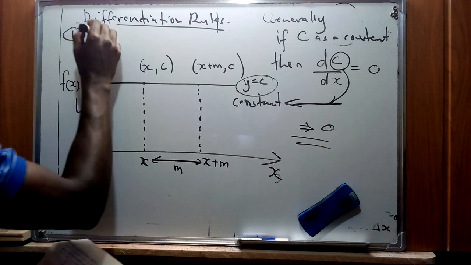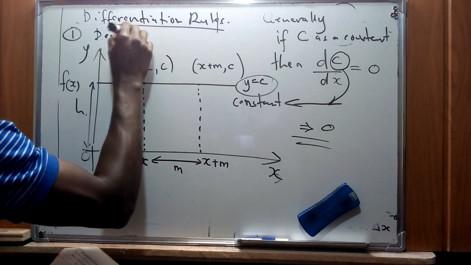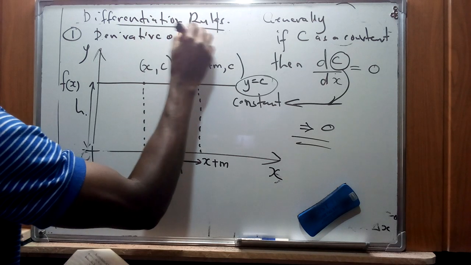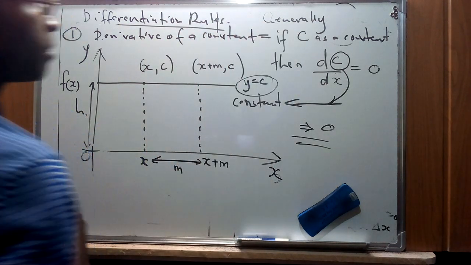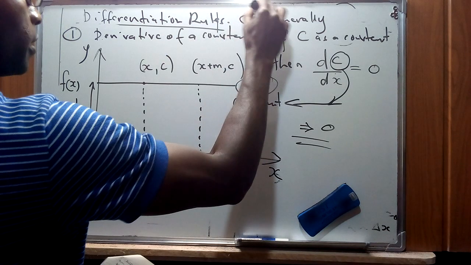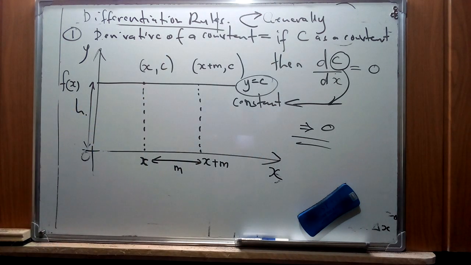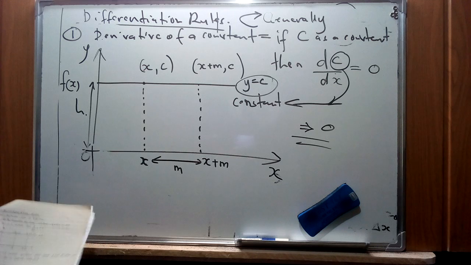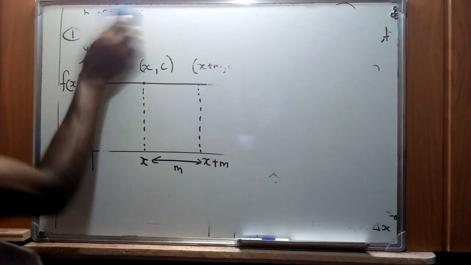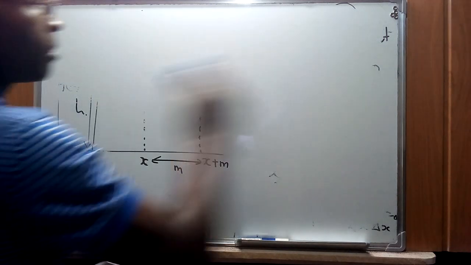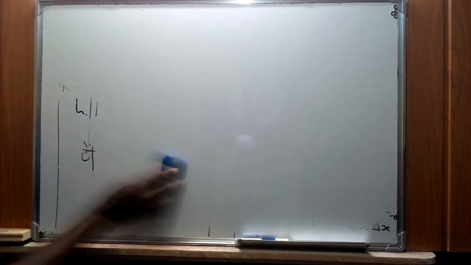Therefore the derivative of a constant equals 0, as I've explained. We move on now faster to rule number 2, since the others depend on this particular explanation. So we'll go faster and try to find the other rules.